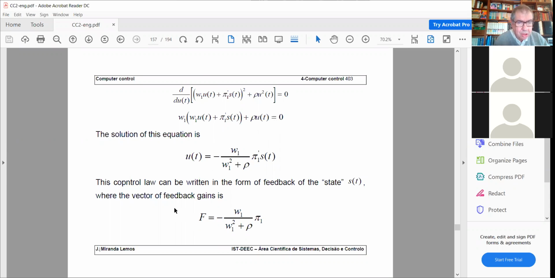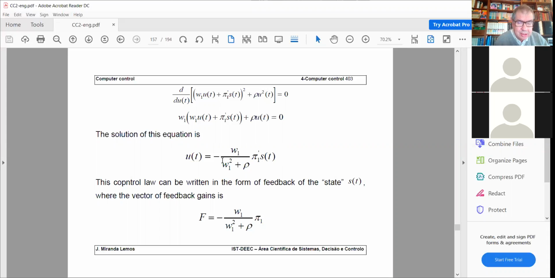And the optimal control is very funny because u of t is minus a vector gain that multiplies s, which is the past. Remember, s contains the past values of y and the past values of u. If the plant is second order, it contains y of t minus 1 and u of t minus 1, for instance.